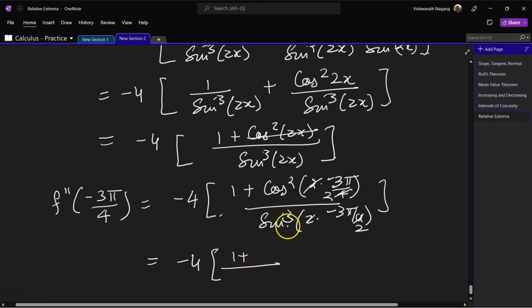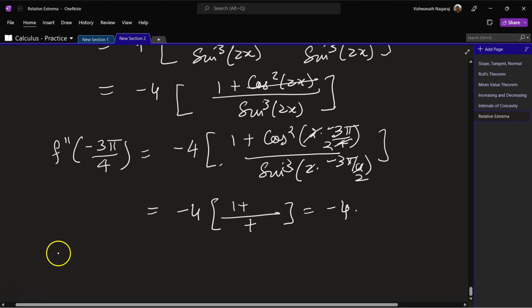That is why we are doing this. If it was square, we wouldn't have to calculate this as well. Now, 3 pi by 2, sine 3 pi by 2 is minus 1. No, 1. Right? Clockwise, if we go 3/4 of the way, we come to 90 degrees. So, which is 1. If it is 1 cube is 1. So, this is plus, this is plus. So, which means this is going to be minus 4.